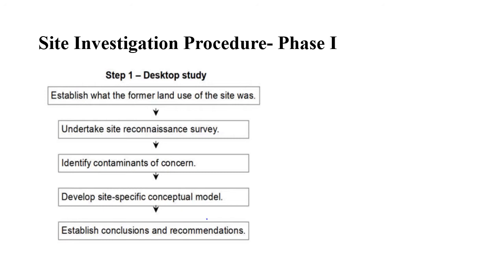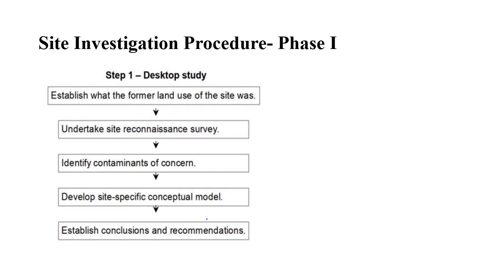Now that data will reveal all information regarding the previous land use of this particular contaminated land. Okay, so only if we know what was existing in this land, before the contamination happened, then only we'll be able to identify the source of contamination.